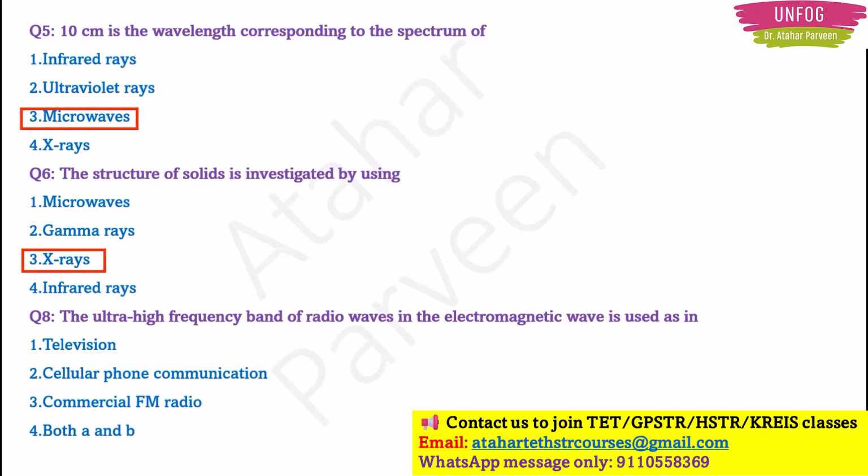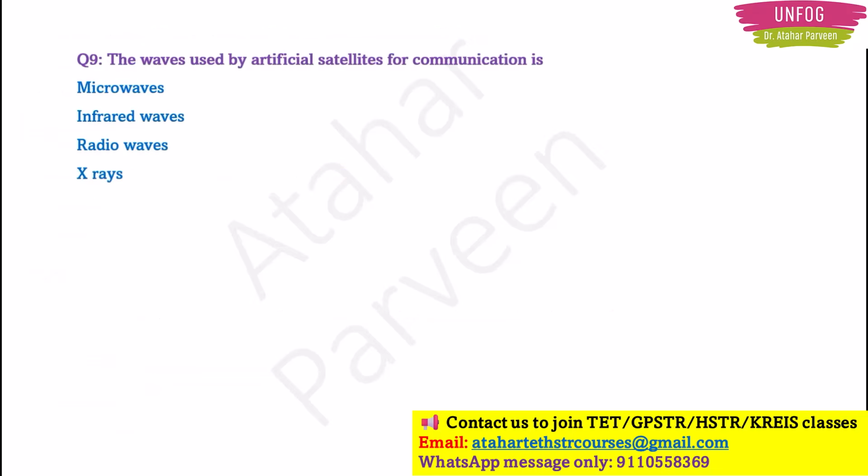Next question. The ultra high frequency band of radio waves in electromagnetic wave is used in? It is used in cellular phone communication. Next question. The waves used by artificial satellites for communication is? Of course, it is microwaves. Why are they using microwaves for satellite communication?